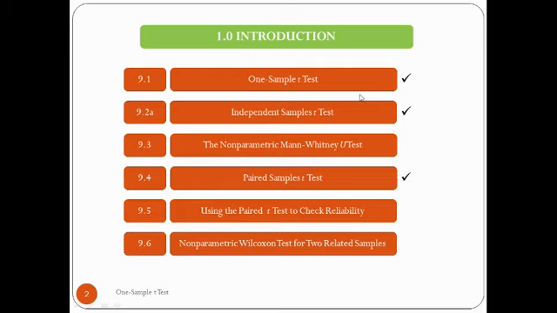And today's lesson is about paired sample t-test. I would like to inform you that I will come back to the non-parametric Mann-Whitney U-test in the next movie. So let's dive directly into paired samples t-test.